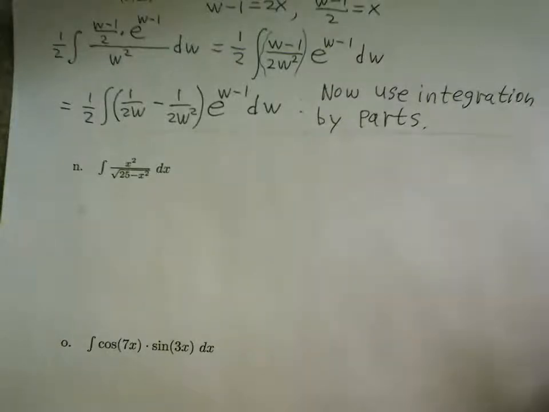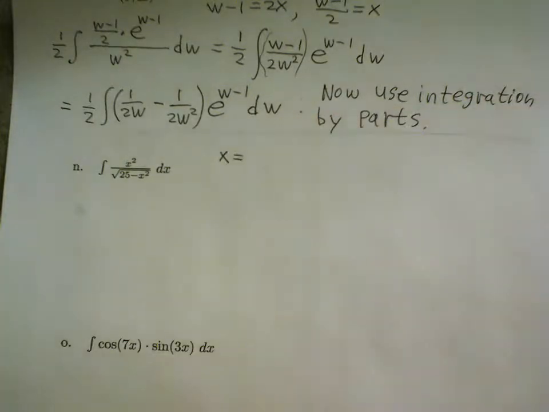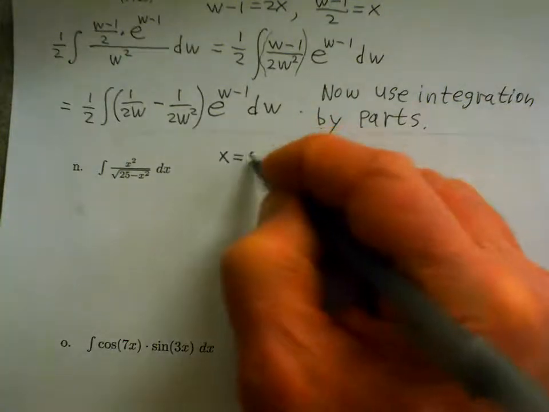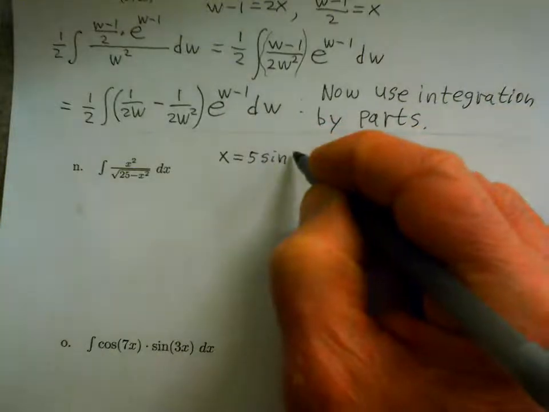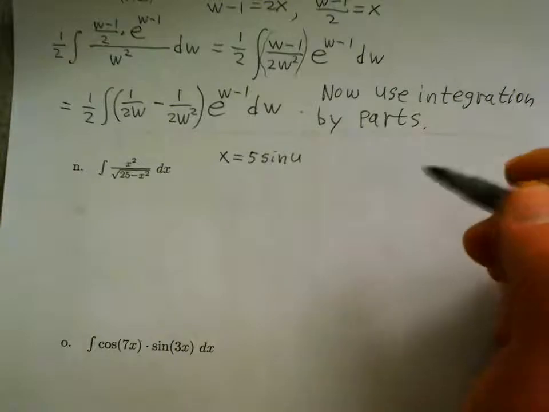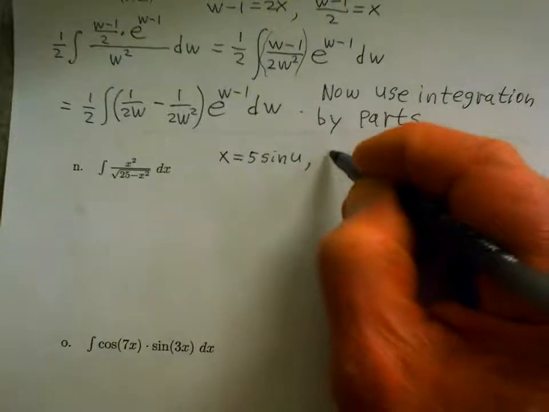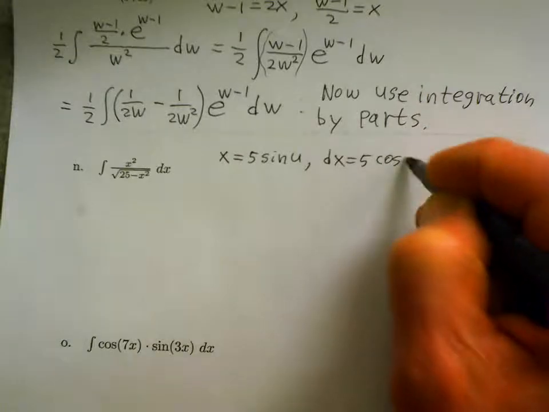Since we have in the denominator the square root of 25 minus x squared, we'll try x equals 5 times sine of some variable like u or theta or something other than x. So if x is 5 times sine of u, dx is 5 times cosine of u du.